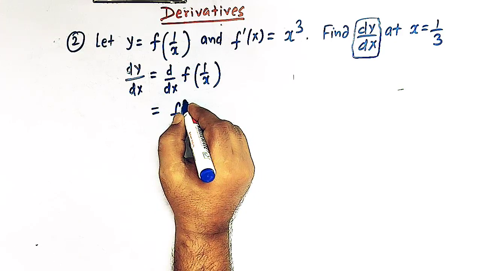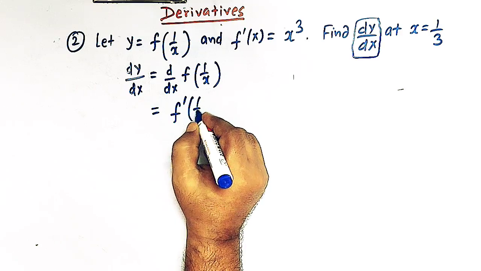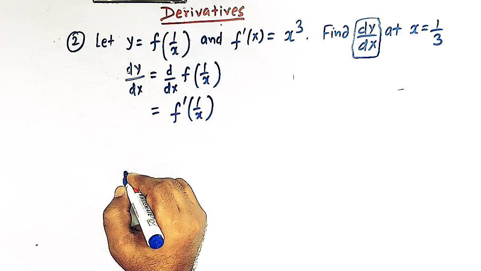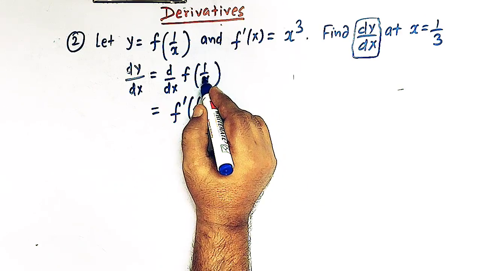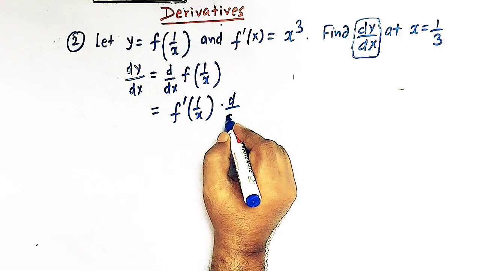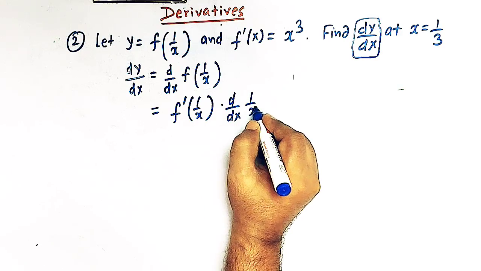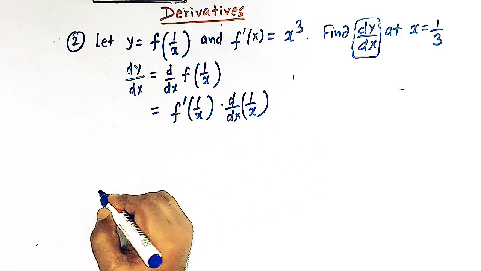So here we have f prime of 1 over x, right? And then by chain rule we'll differentiate 1 over x with respect to x.